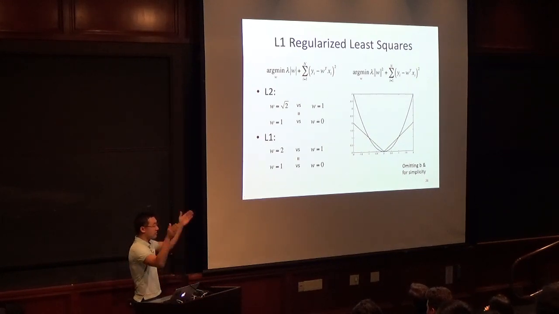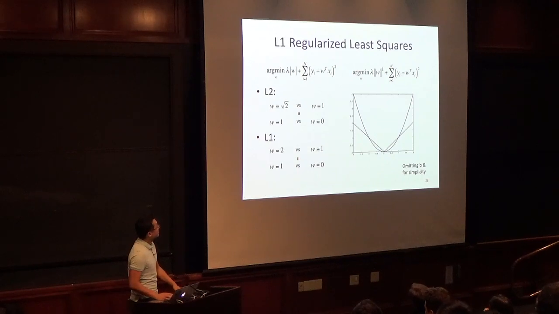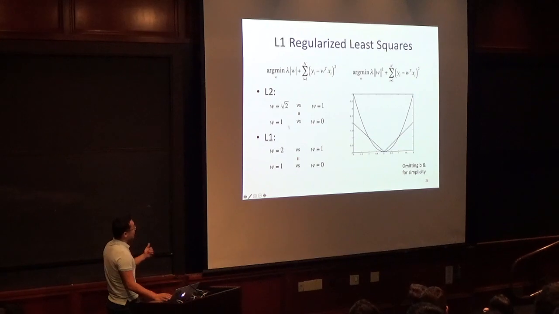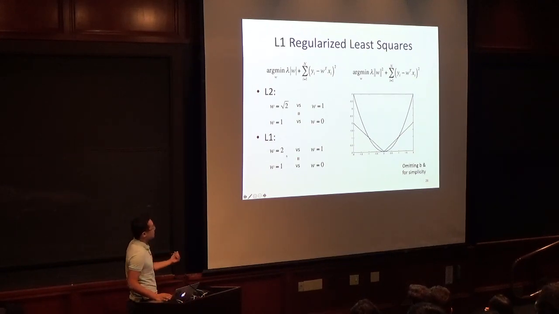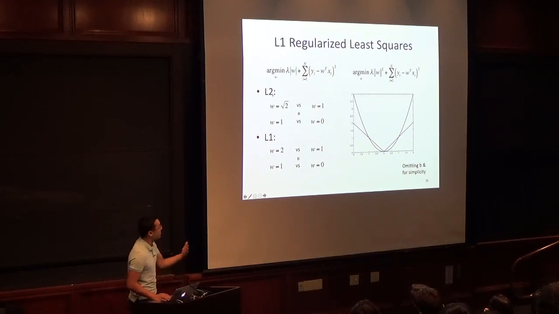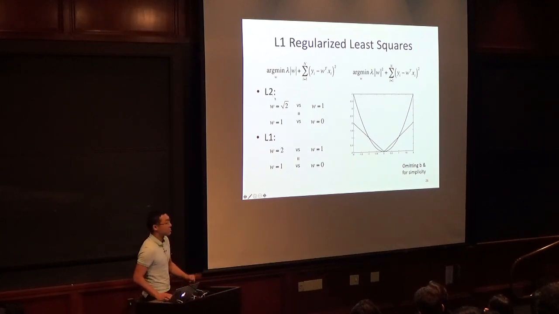What matters more is the shape of the loss function. For L2, going from 0 to 1 incurs the same regularization penalty as going from 1 to root 2. For L1, going from 0 to 1 gives you the same regularization penalty as going from 1 to 2. So it's linear. Whereas in L2, or squared L2 regularization, as we always use in machine learning, it's quadratic.